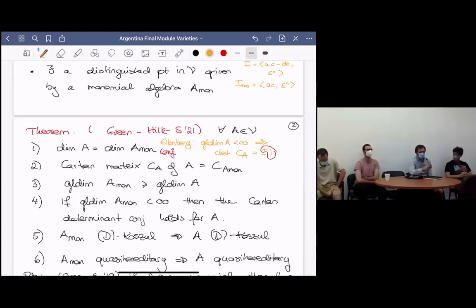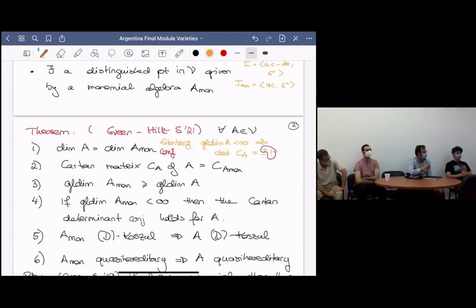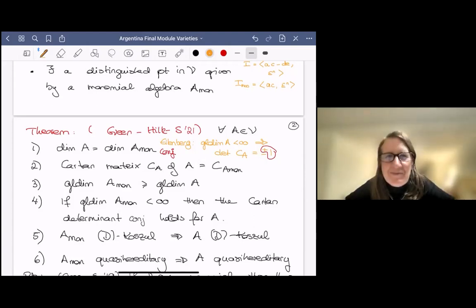Sorry, but are there infinite global dimension algebras with Cartan matrix with determinant equal to 1, or -1 for that matter? I don't know. I have never thought about it. I don't think so. No. I don't know. Symmetric algebras have symmetric Cartan matrices, but I don't know.